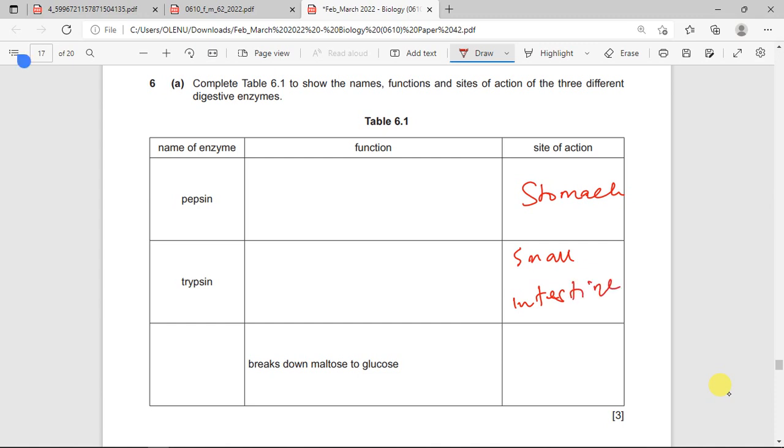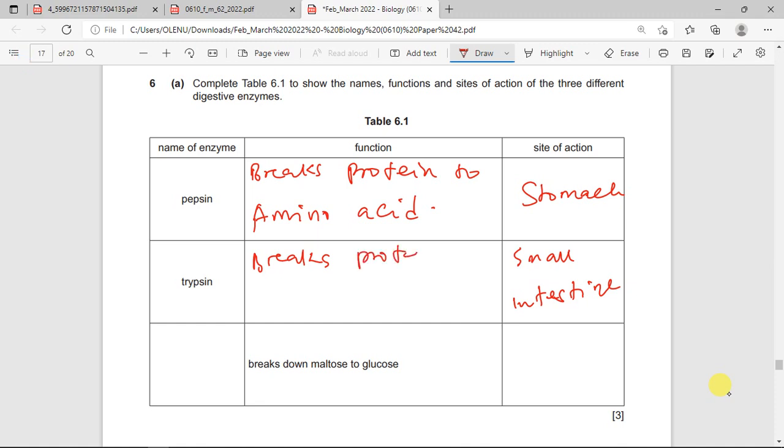And function of pepsin is it breaks protein to amino acid. Trypsin also has the same function, so it also breaks protein to amino acid.